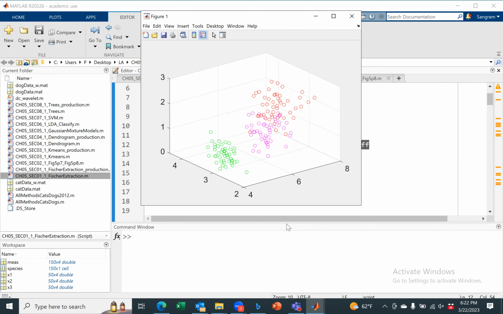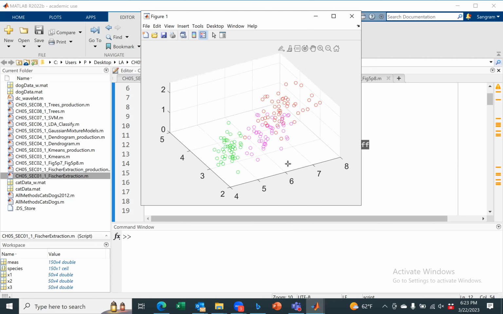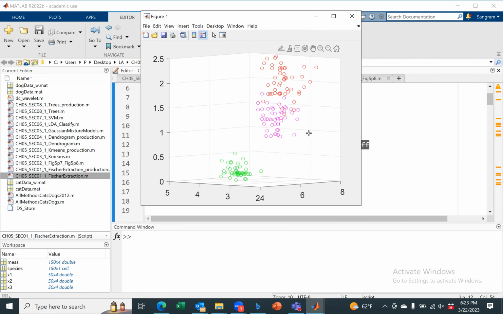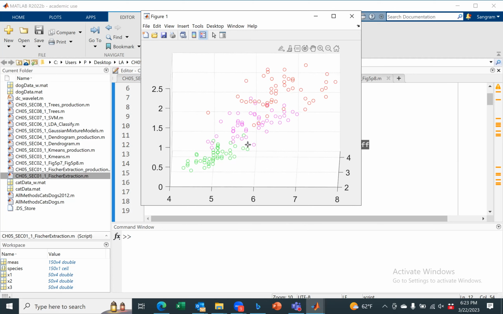And now what I want you to observe is, depending upon these different sizes like sepal length, sepal width, petal length, we clearly have distinct features. So if you want to rotate this figure, you would notice that these different classes of flowers are clustered together.